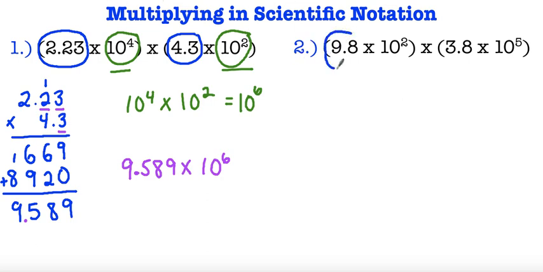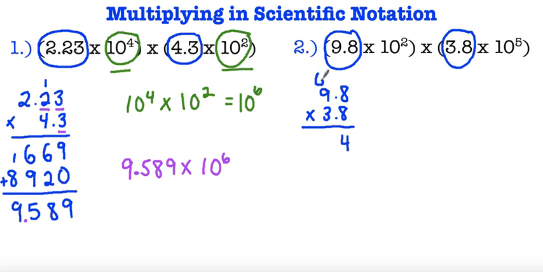We're going to multiply 9 and 8 tenths times 3 and 8 tenths. So here 8 times 8 is 64. And 8 times 9 is 72, plus 6, 78. Add a 0 as a place value holder. 3 times 8 is 24.